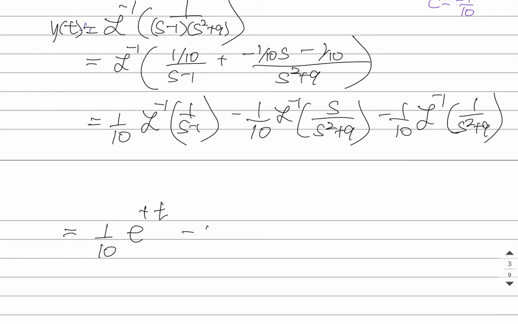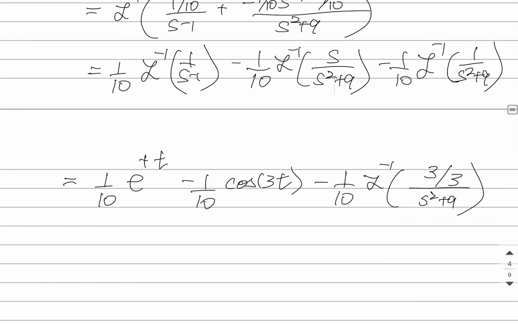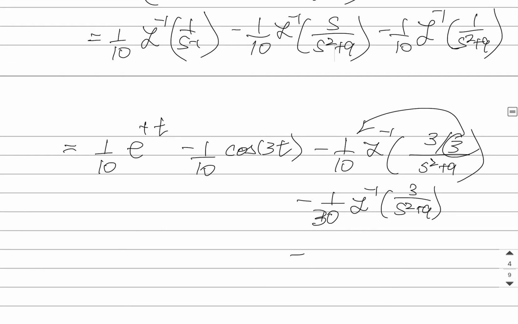I know that this next term, the inverse Laplace transform of this, is going to be the cosine of 3t. And over here, if I were to put in a 3 up top and a 3 down below, what this is going to let me do is take out one of these factors of 3, the one in the bottom, take it out front, and that's going to give me negative 1 over 30 times the inverse Laplace transform of 3 over s squared plus 9, which is going to be negative 1 over 30 sine of 3t.